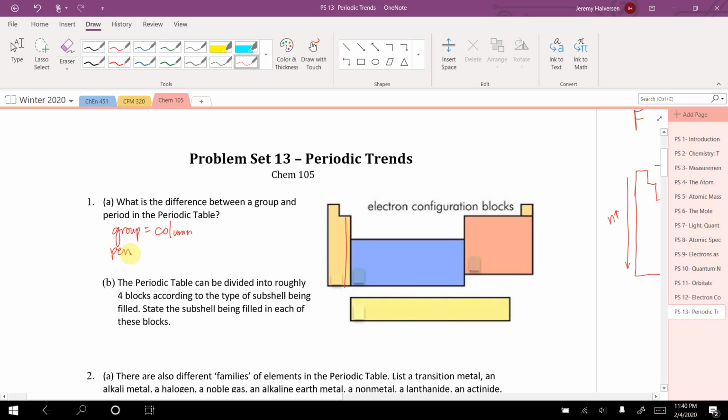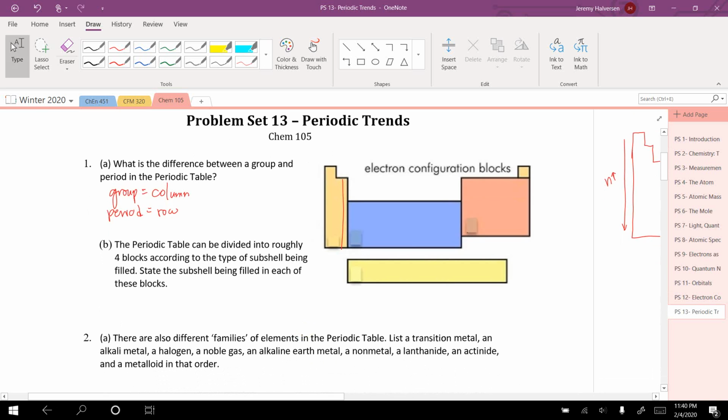And period then is a row. Groups contain elements with similar reactivity, and periods contain elements with increasing numbers of protons. Therefore, they're adding electrons to the same shells and subshells.